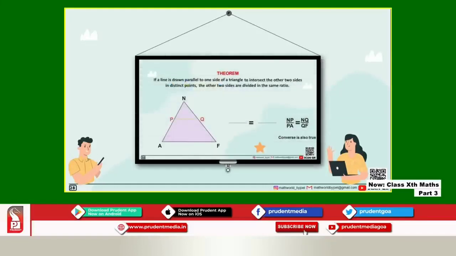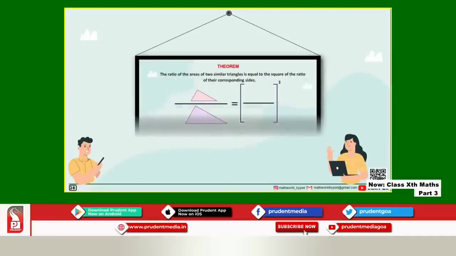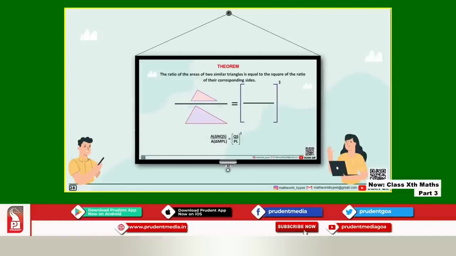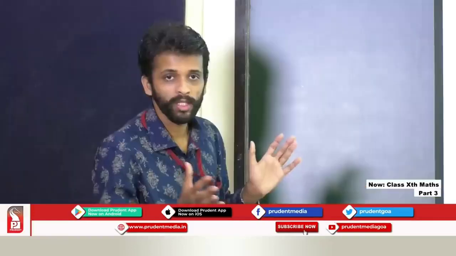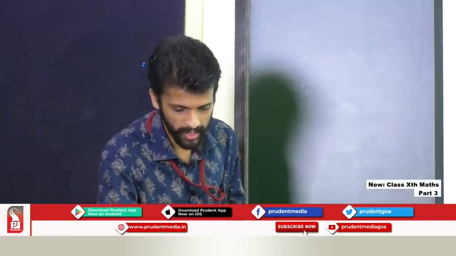We learned this theorem that when a line is parallel to a side, the other sides are divided in the same ratio. We also learned this theorem where, if the areas of similar triangles are in a ratio, then the squares of their corresponding sides are in that ratio. We learned the Pythagoras Theorem, which tells us the square of the hypotenuse is equal to the sum of the squares of the other two sides.